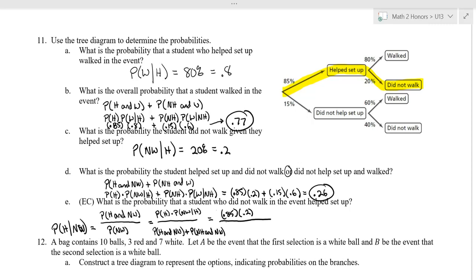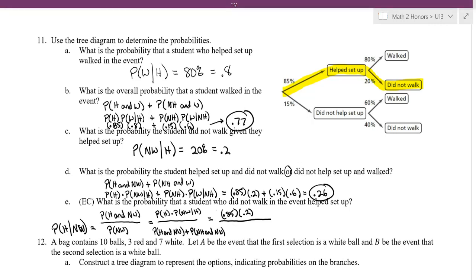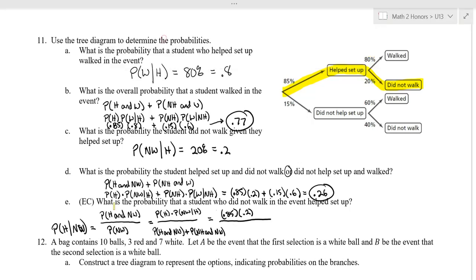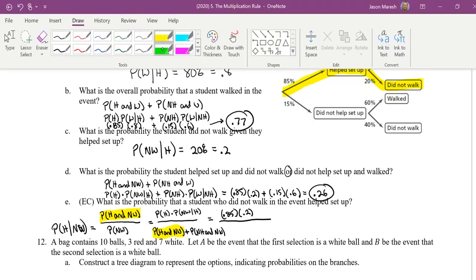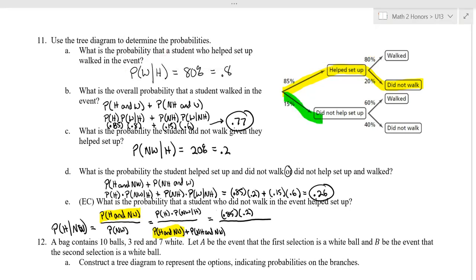So we're going to have to find both of those. And notice the first one we have. So the first one is this piece here, that direction, right? The second piece I'll highlight in green is going this direction.